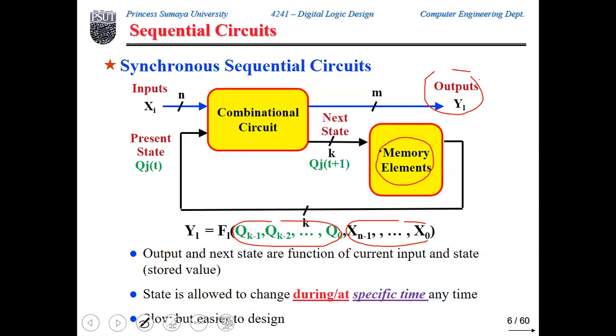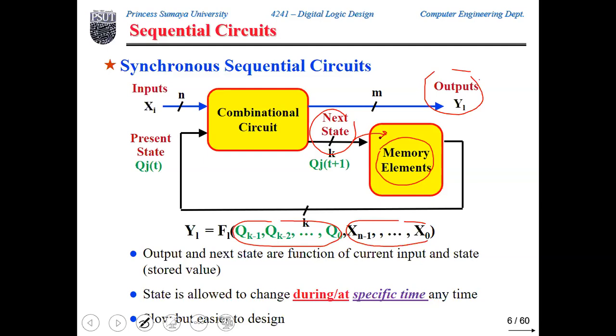So what is the difference between the synchronous sequential circuits and the asynchronous? Basically the timing, as we said. When do we allow the next state to be stored inside the memory? For the asynchronous type, we said there is no timing. As soon as the input changes, the next state is stored into the memory.